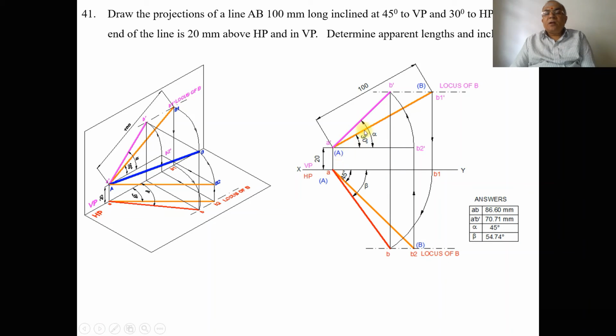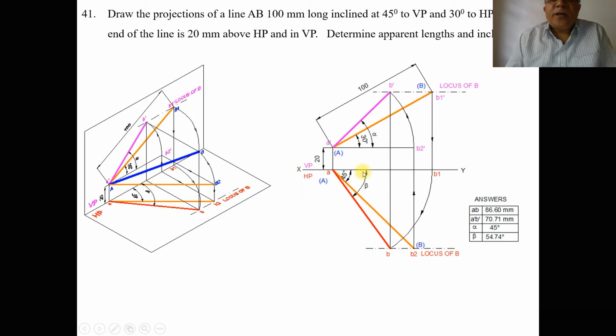You measure the angle alpha. Alpha is 45 degrees, and A dash B dash will be 70.71 when you are doing it in the computer. When doing it manually, it will be 71, and AB will be equal to 87 mm. Alpha is 45 and beta will be equal to 55 degrees. This is how you solve this problem.